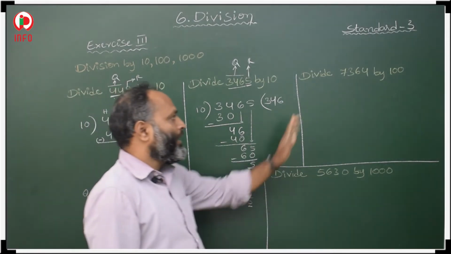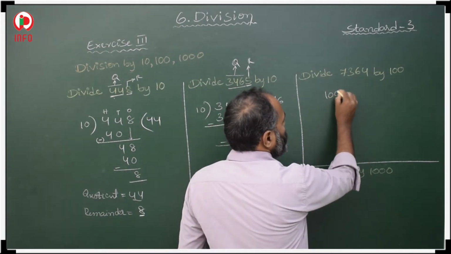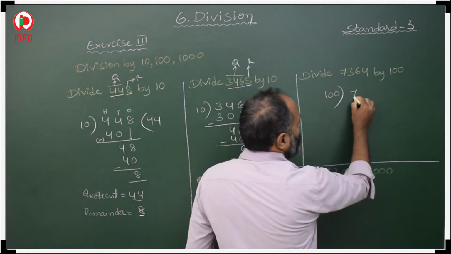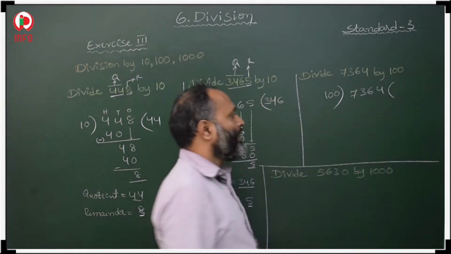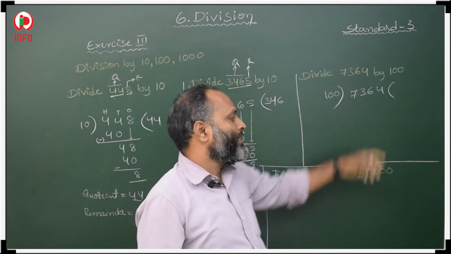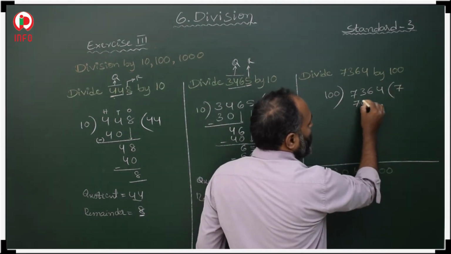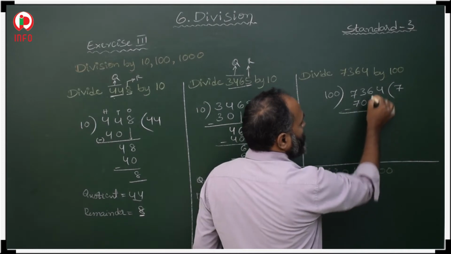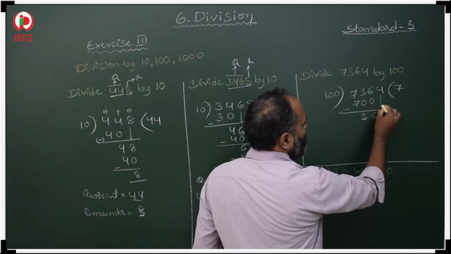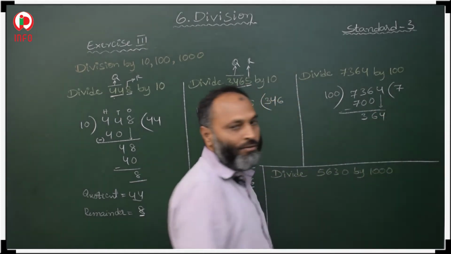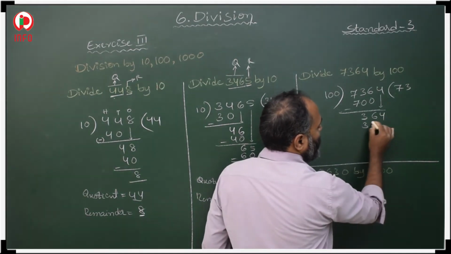Next, when you divide it by 100, what happens? Divided by 100, 7364. So, we have to take 3 digits, 736. 100 7s are 700, then minus: 6 minus 0 is 6, 3 minus 0 is 3, then after that 4, 364. 100 3s are 300.